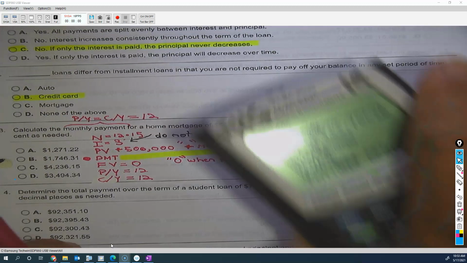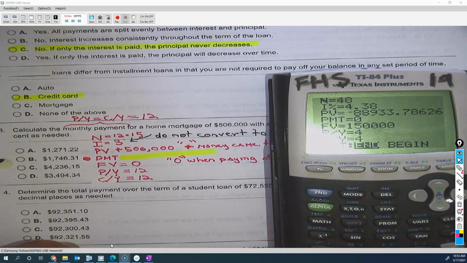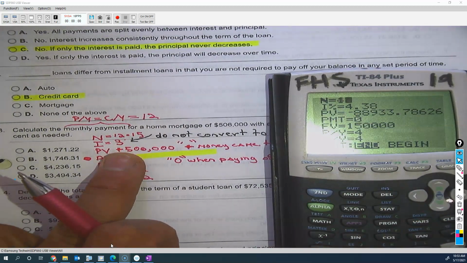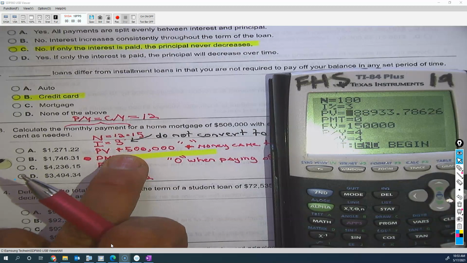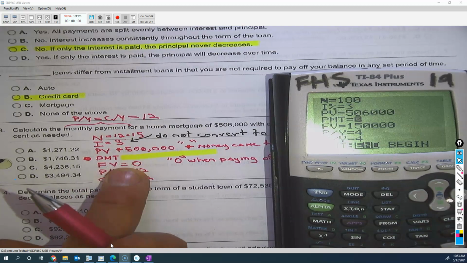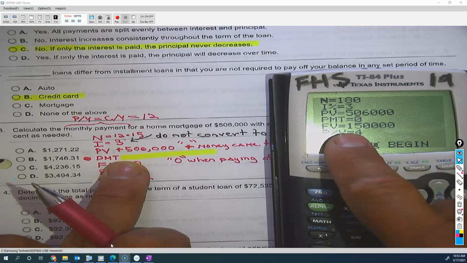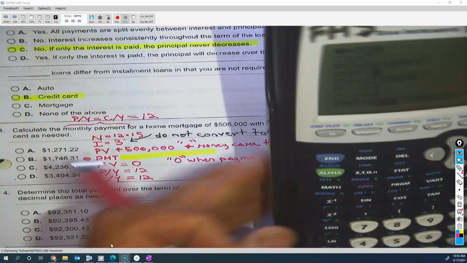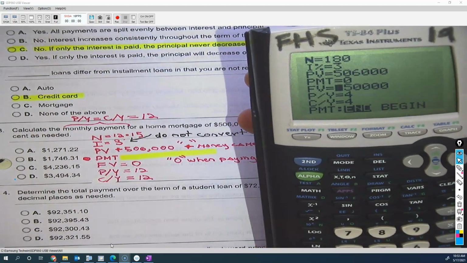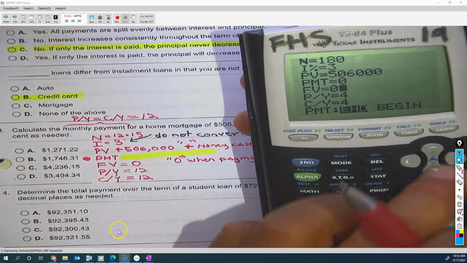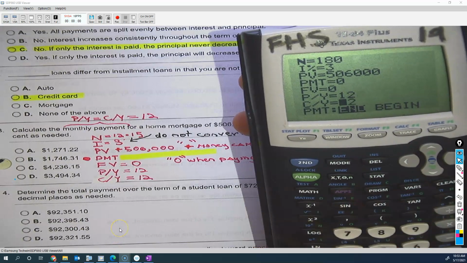So now we just drop that stuff in. 12 times 15, 3, 506,000. It doesn't matter what's in there for PMT. I can just skip right over it. I want the future value to be 0, 12, 12.